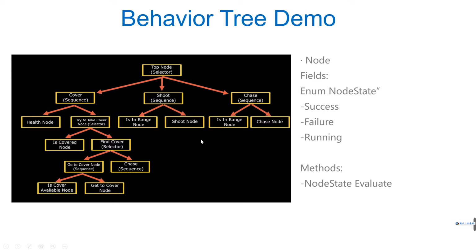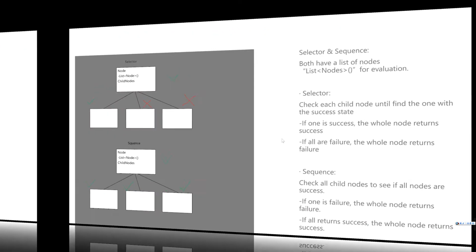This includes different functions as nodes, and each node includes the fields, the public enum node state, which includes the potential states of each node: success, failure, and running. The methods include a node state evaluate method that will be used for evaluating the status.